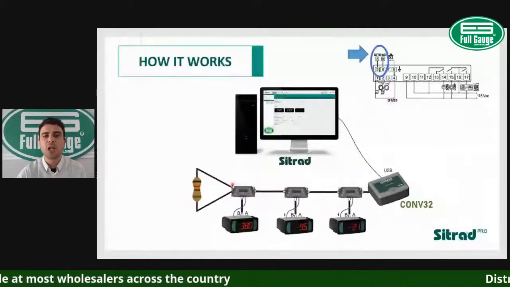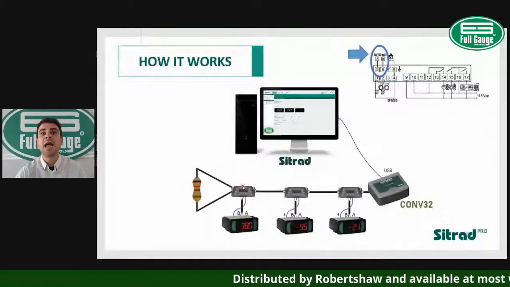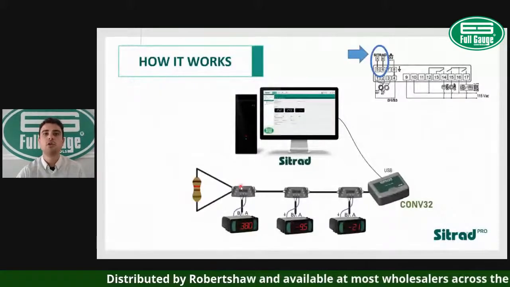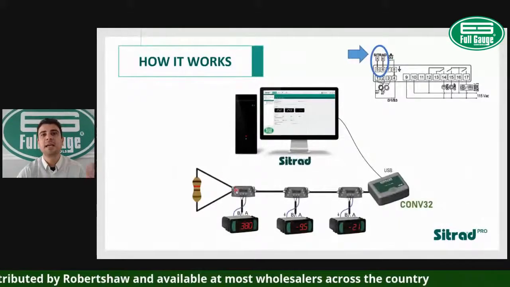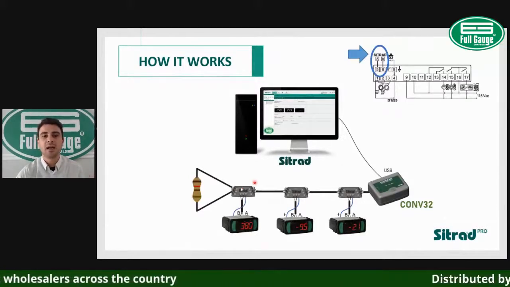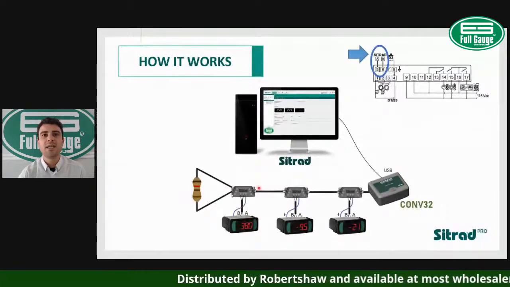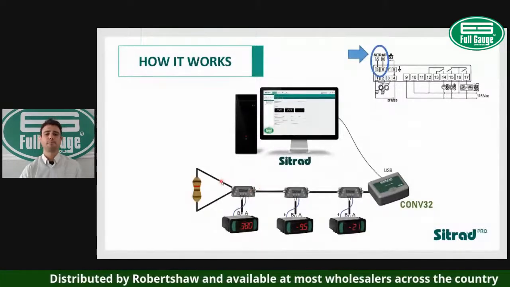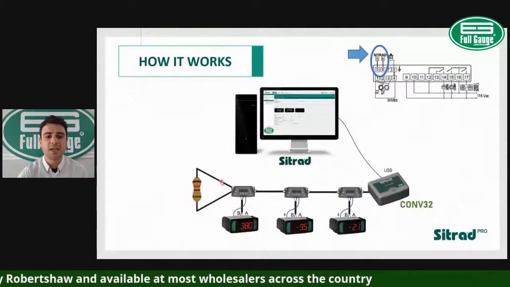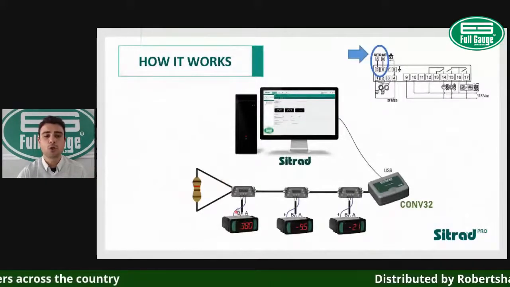So this junction block is also sold as an accessory. If you need to buy an extra junction block, the part number is BC-01. Again, the part number for the junction block is BC-01.